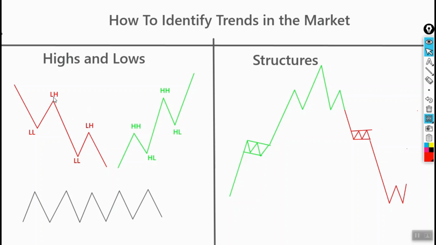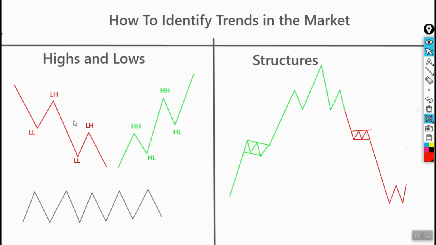It's lower than the previous high, and this high is lower than the previous one before. And then below the market, below the trend, we have a lower low and a lower low right here. They call it a lower low because it's lower than the previous low. This low here, this turning point here, is lower than the previous low right here.